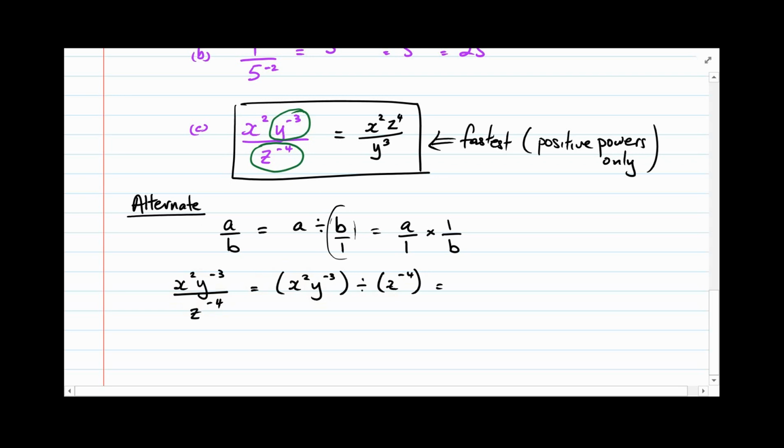Based on my knowledge of negative powers, the first term can be written as x squared over y to the third, and we are dividing by 1 over z to the fourth. Division becomes a multiplication, so I end up with x squared over y cubed. Division becomes multiplication. I take the reciprocal of the second fraction.